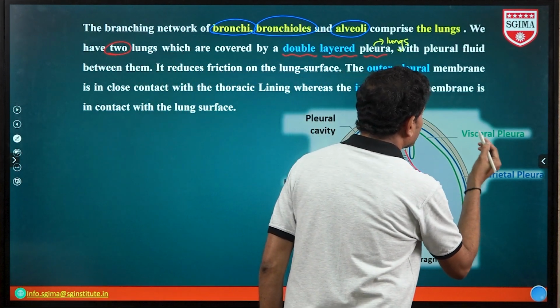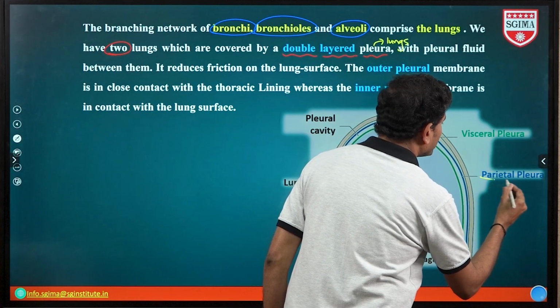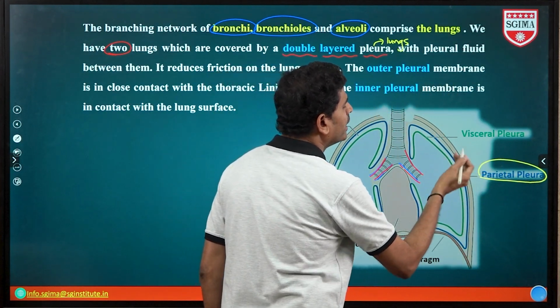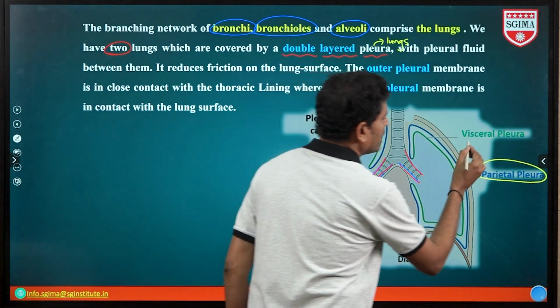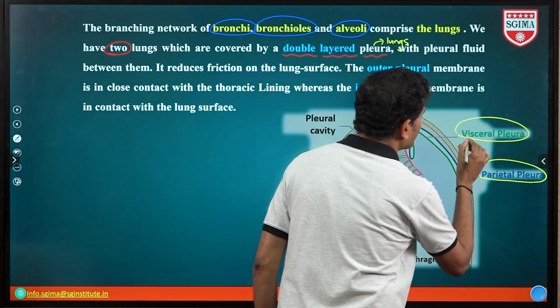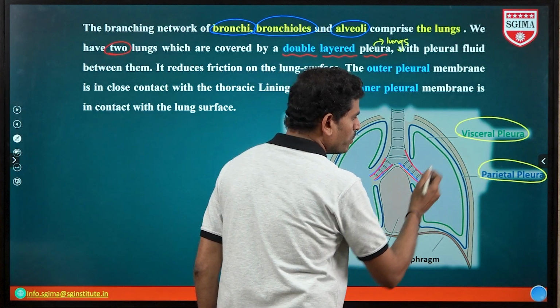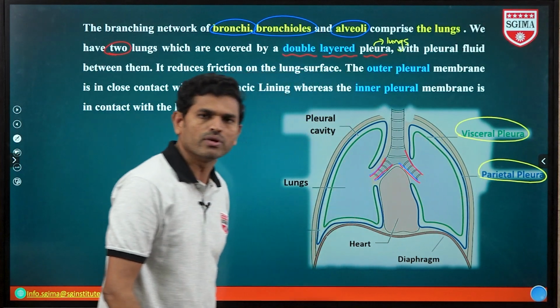The outer one is called the parietal pleura, and the inner one, this green color, is the visceral pleura. These words are also mentioned with the concerned color. Outer layer is parietal pleura, inner layer is visceral pleura.